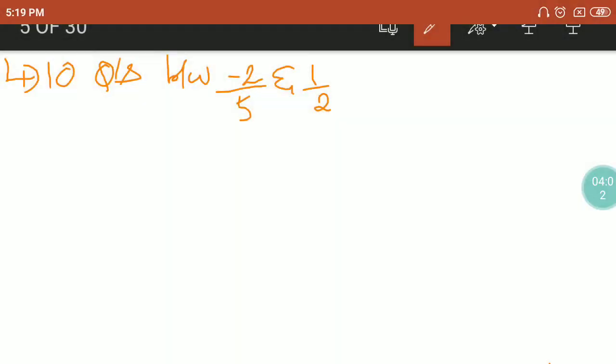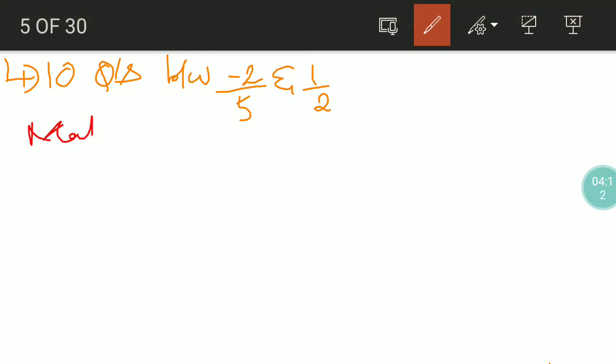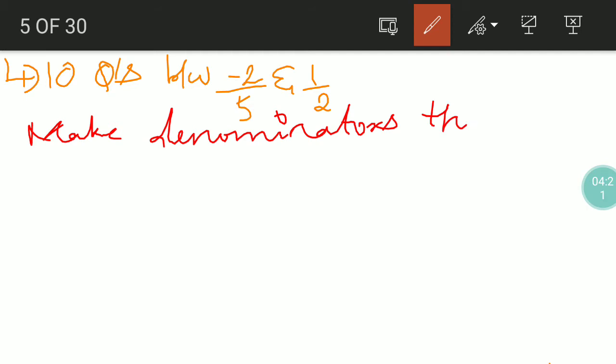The fourth question is that we have to find 10 rational numbers between minus 2 by 5 and 1 by 2. So the first thing we have to do is make the denominators the same. This is the first step.